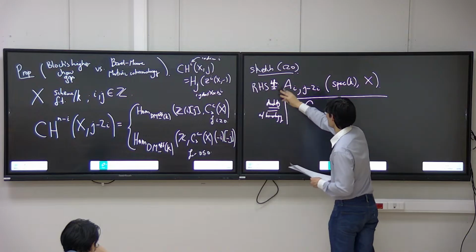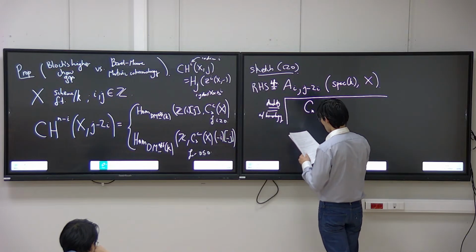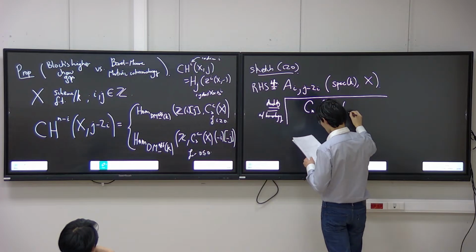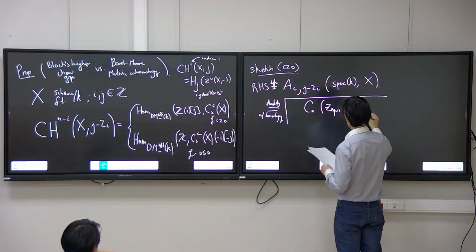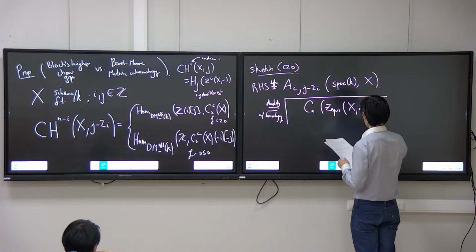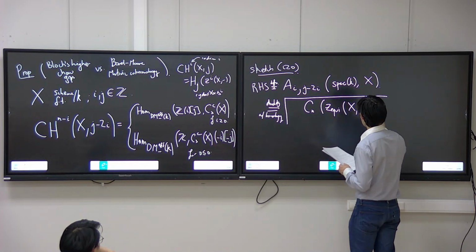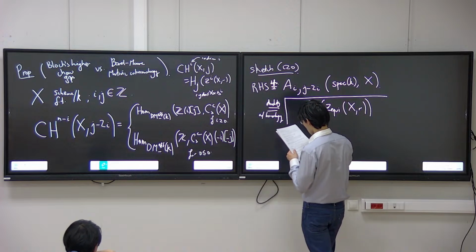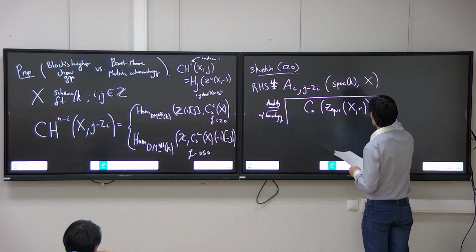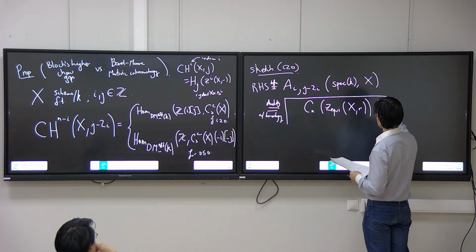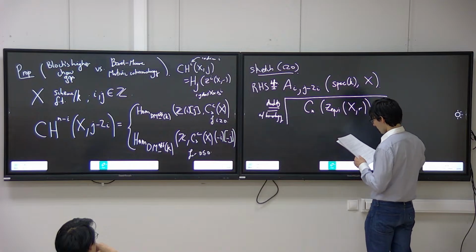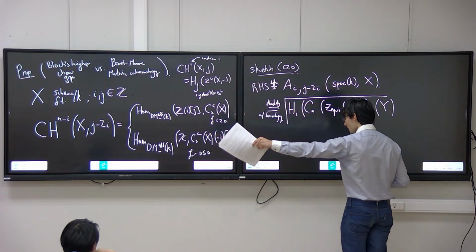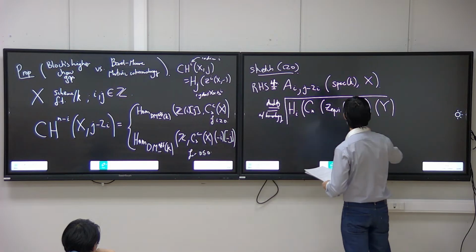I'm not actually continuing on with this equality, but I have my Z_equi sheaf in R, and I can take the Suslin complex of it, and this will be some complex of sheaves, and I can take sections in Y, and then I can take the ith homology of this, because the Suslin complex was going in the negative direction, so we use homology indices.